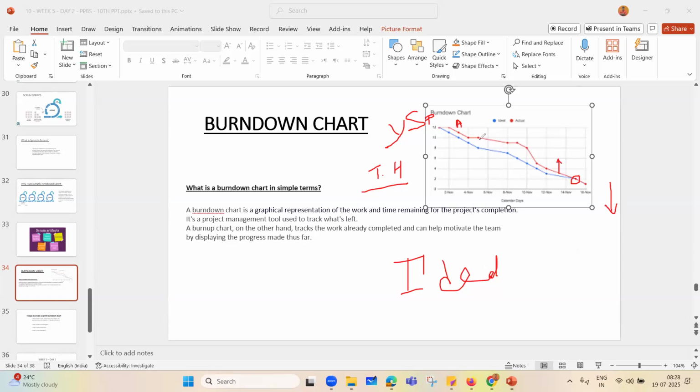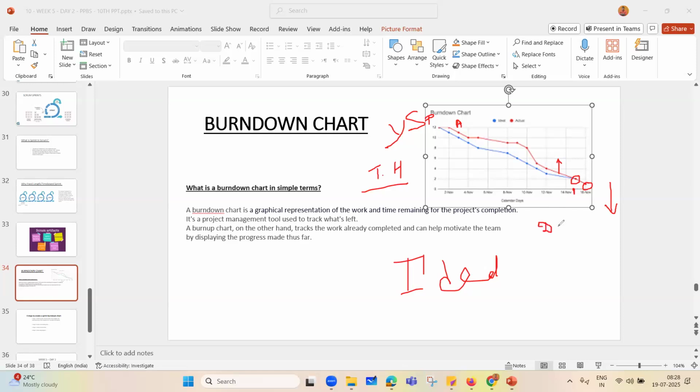Even if you try to track it here, we were expected to complete the work by 14th or 15th November, but the red line has come towards the 16th November. This is the date timeline.